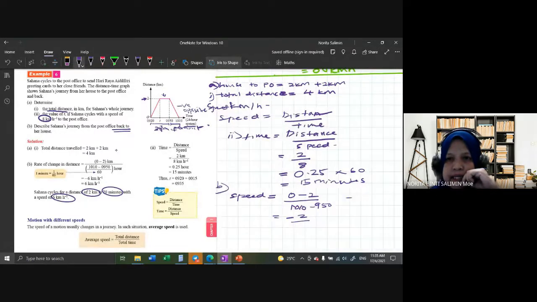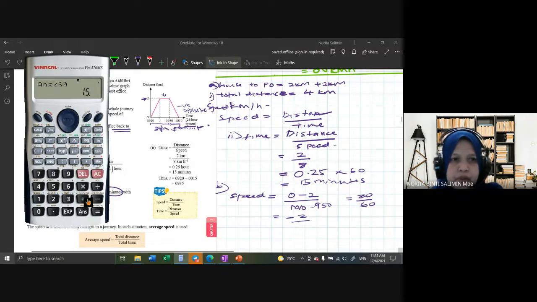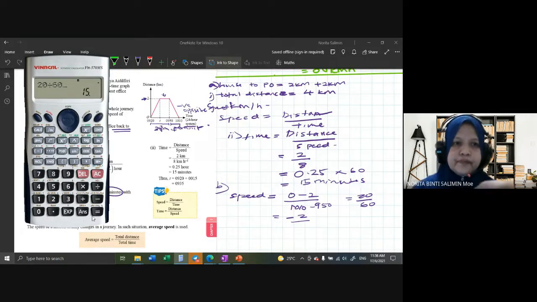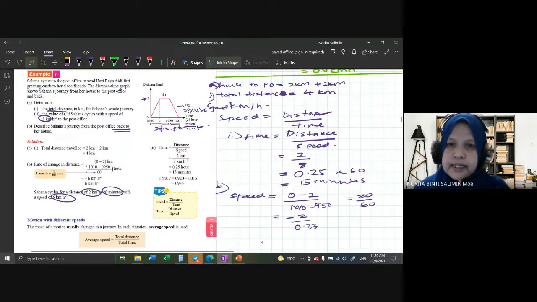Tapi 20 minit ni kita bahagi dengan 60, sebab ini dalam minit. 20 bagi 60. Okay, 20 divide by 60. 0.333 kan?